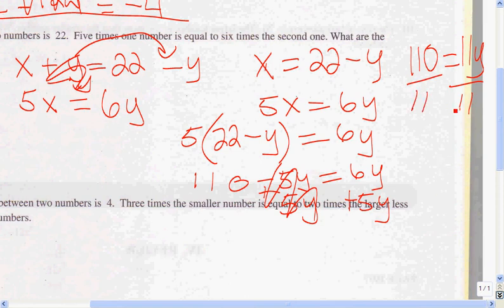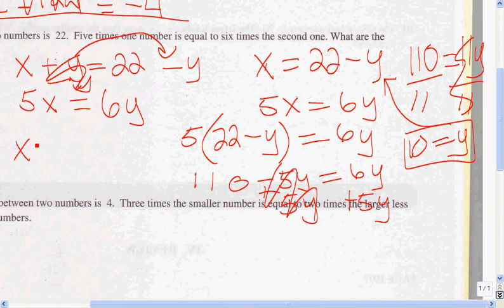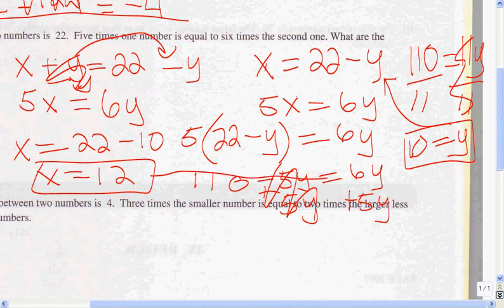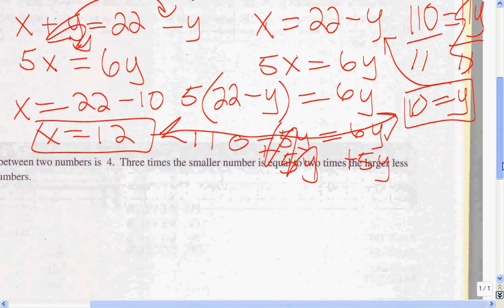And 110 divided by 11 is 10, so y equals 10. So now I know what y is. I can plug it into here to solve for x. So x equals 22 minus 10. X equals 12. And y equals 10. Those are my two answers.